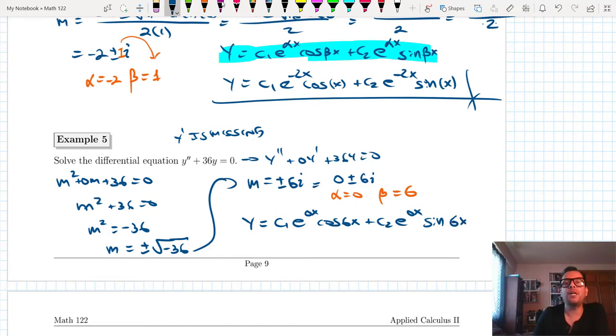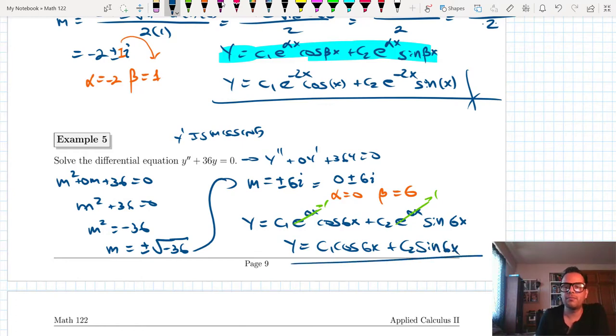So e to the 0 power, what is that going to be? Whatever that is, this is going to be 1. It's going to be 1. And the final solution, the actual general solution, will be c1 cosine 6x plus c2 sine 6x. Final answer for this one.